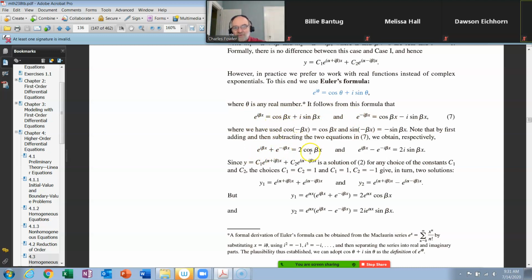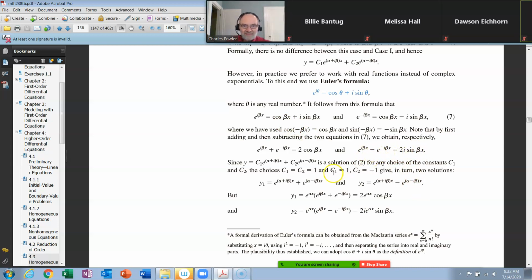You get 2 cosine beta x because these two cancel out. But if you subtract this one from that one, your cosines subtract away and you have 2i sine beta x for that difference.